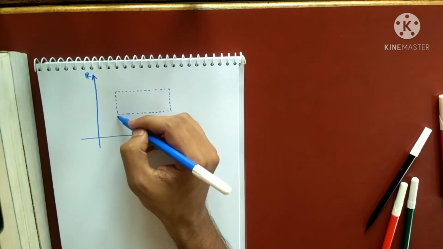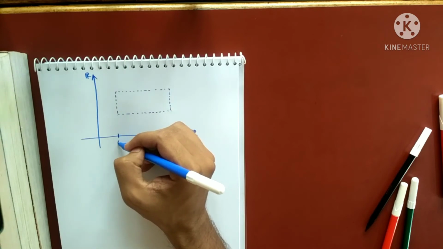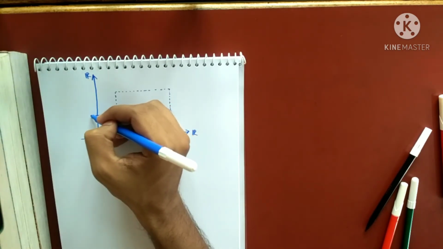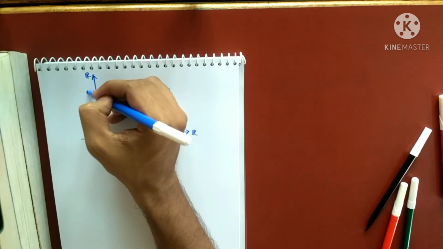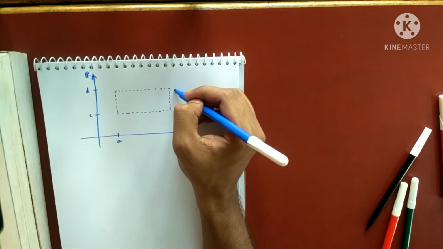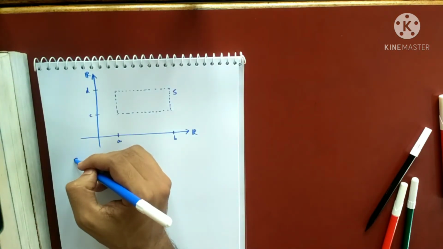Suppose this point is A, this point is B, this point is C, this point is D. So how can I represent this rectangle? Suppose I am denoting this by S. So what is my S?